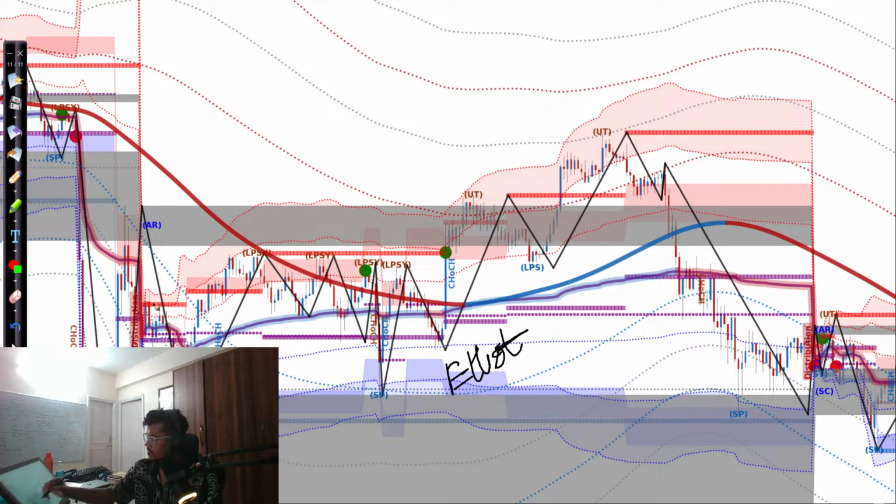Elliott wave. So this was our first leg, 1, retracement 2, third leg, fourth leg, and then fifth. So we completed the cycle already, 1, 2, 3, 4, 5.